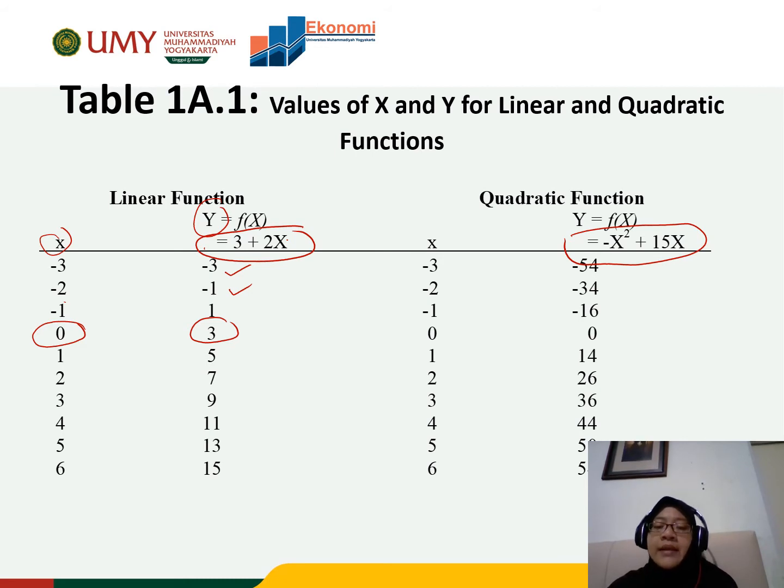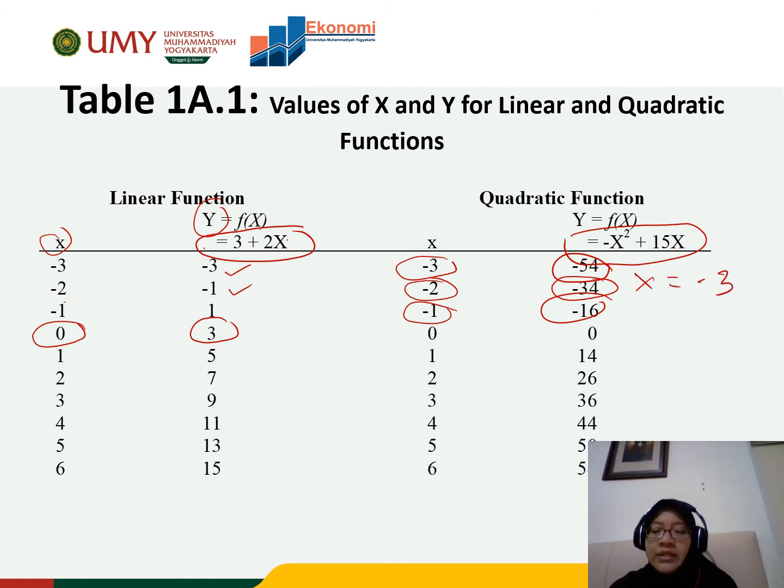When x is minus 3, y is minus 54. If x is minus 2, y will be minus 34. Minus 1, y will be minus 16. Based on this, how do we calculate it? You just put x as minus 3, right?